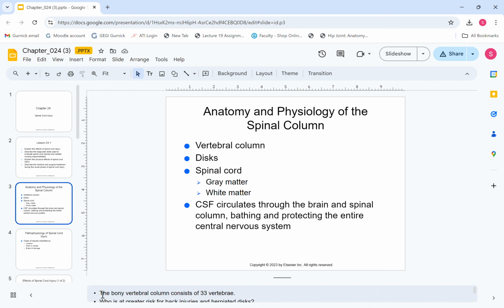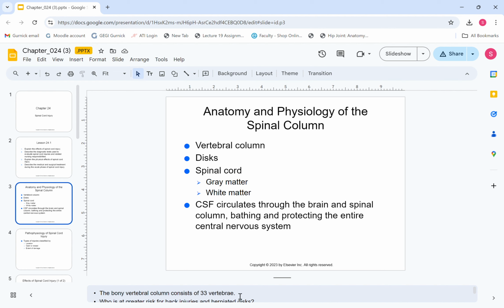All right, your bony vertebral column consists of 33 vertebrae. Your spinal cord goes most of the way down that column of vertebrae, but it does end at L2.